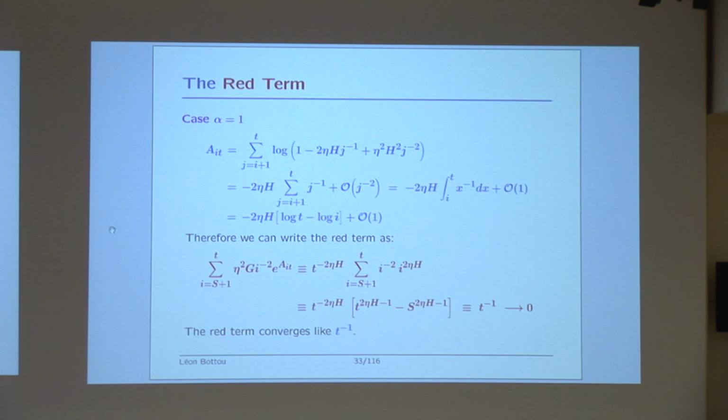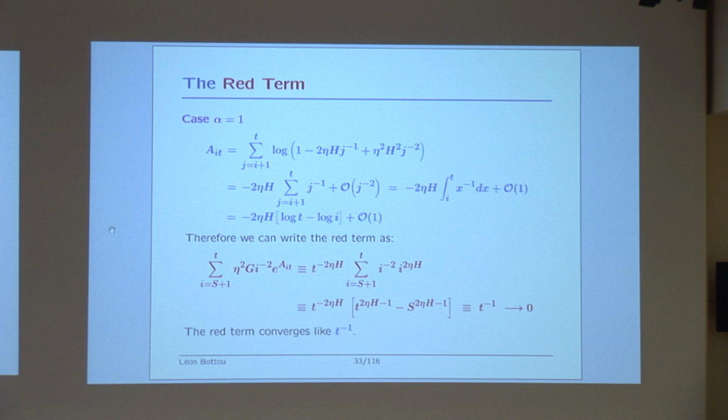And this is another sum that I can approximate with an integral. So if I take the integral of i to the 2 eta h minus 2, I get a 2 eta h minus 1 between two terms. And if I simplify, I remove the constant and everything because I'm working in equivalences, I get t to the minus 1. So all this to say that the red term converges like t to the minus 1.